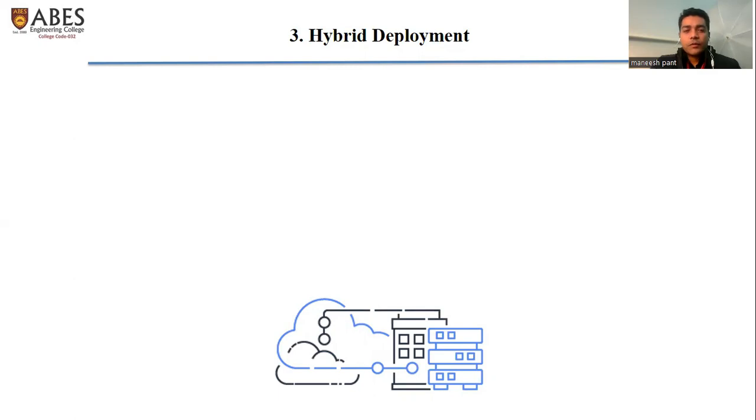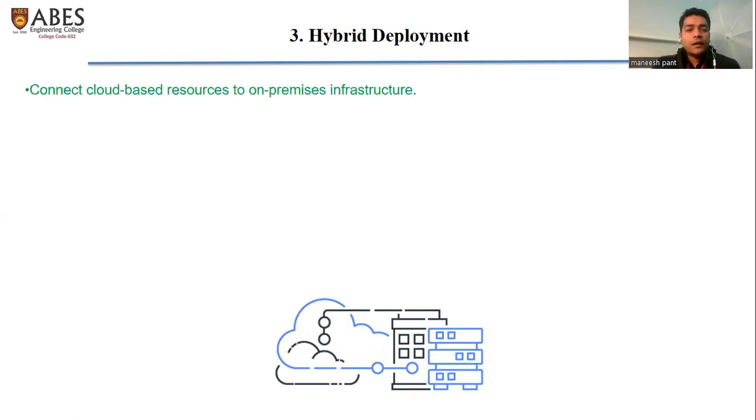So for the batch processing part, you can use the cloud services, but the other infrastructure can be kept in your premise only, in your company area only. Suppose you have some confidential data which you do not want to share, that can be kept in your company part only. And this is the third deployment model.